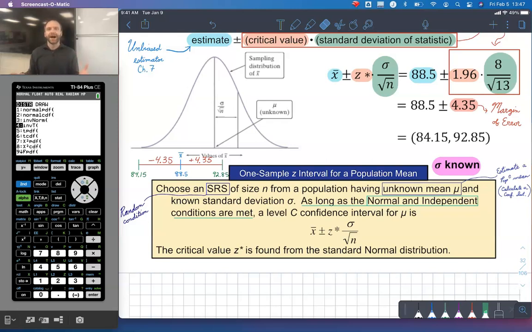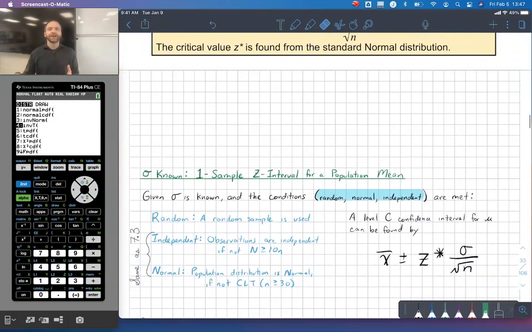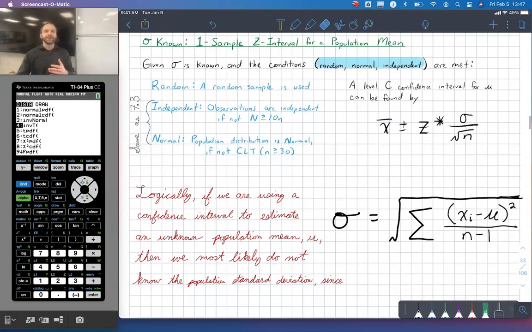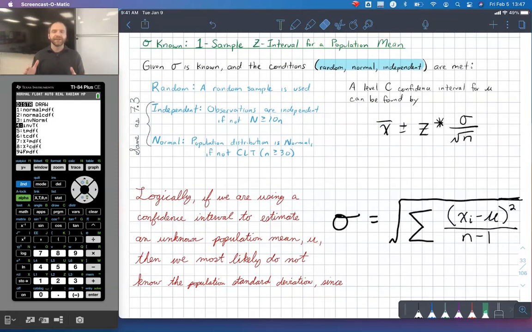And the question is, well, why only one slide for scenario 1? And here's my notes. And really you could pause and write down some of the stuff. But I really took a picture of this and put it on here because I want you to see the red. If we are using a confidence interval to estimate an unknown population mean, we most likely do not know the population standard deviation. Because think back to the standard deviation formula, which you see over on the right there.